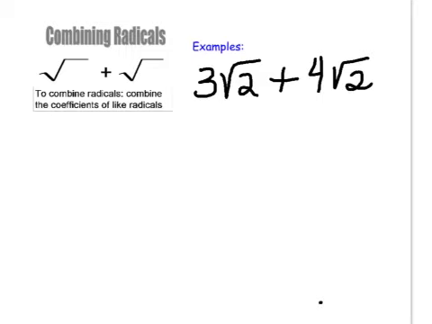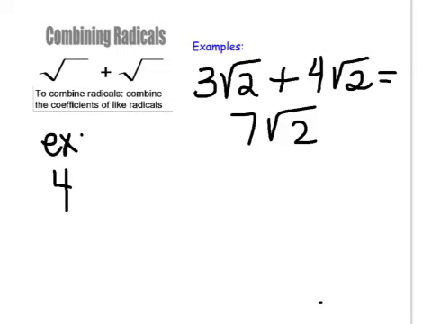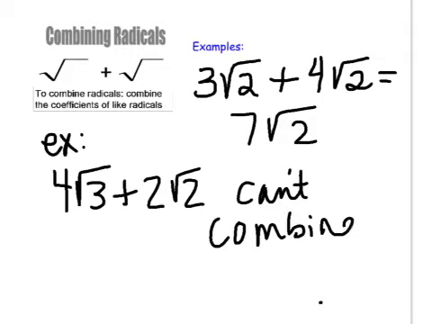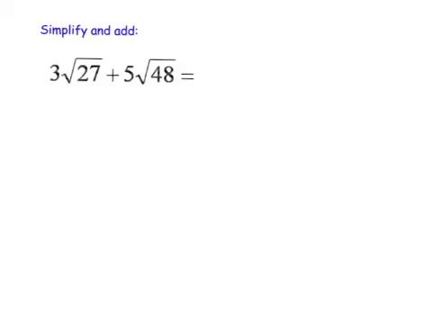If you add those, since they have the same number under the radical, you can add the numbers out in front, so you get 7 square root of 2. If you see something like 4 square root of 3 plus 2 square root of 2, you can't combine them. They can't go together because the number under the radical is different.